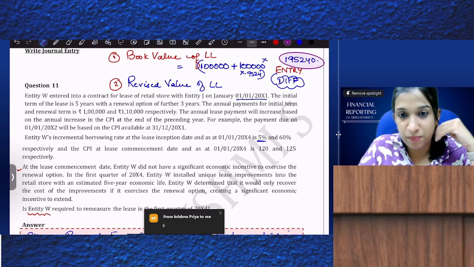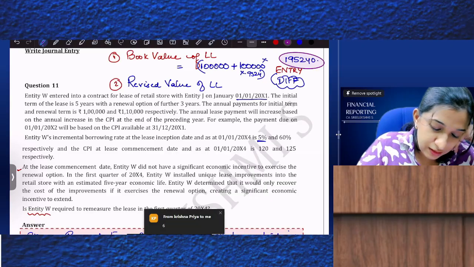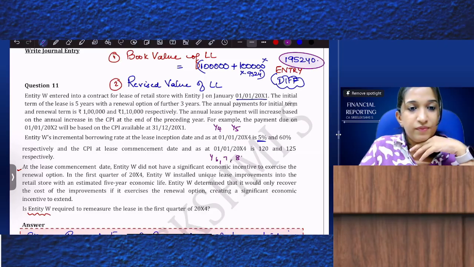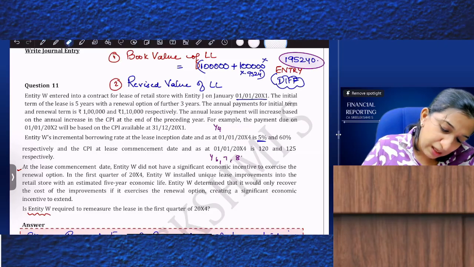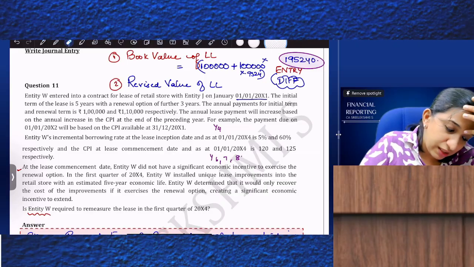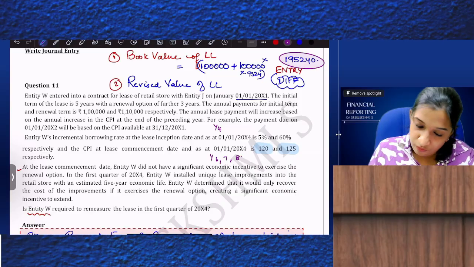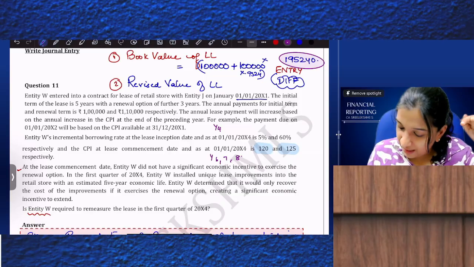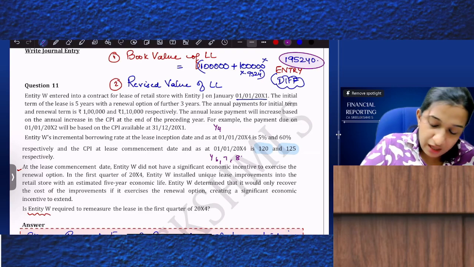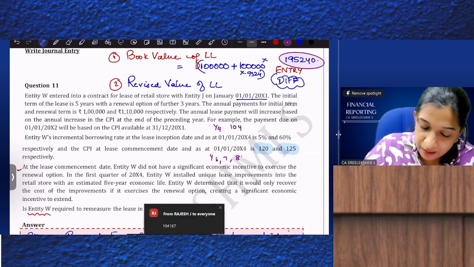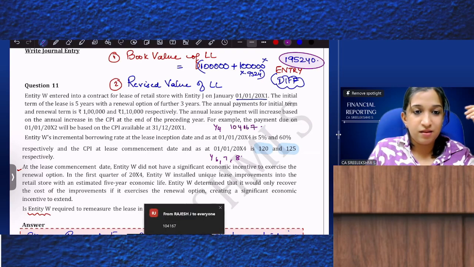What are the lease payments? Lease payments for year 4, year 5, year 6, 7, 8. Year 4, CPI has changed from 120 to 125. So it is 1 lakh divided by 120 into 125. Year 4 it is 1 lakh 4. My revised payment is this.